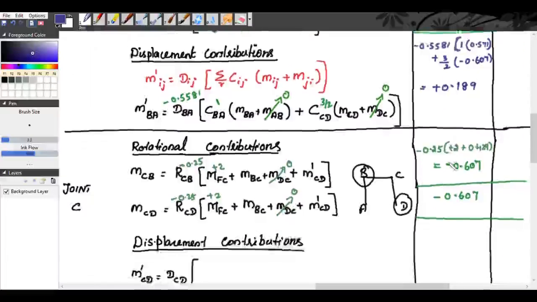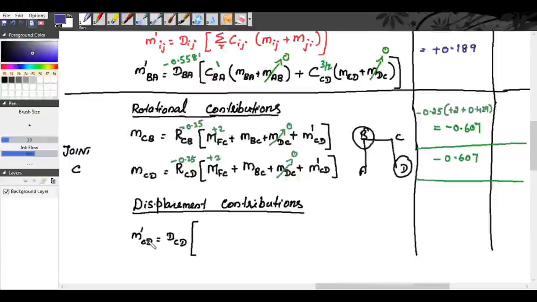Similarly, for the joint C, we have the column CD.